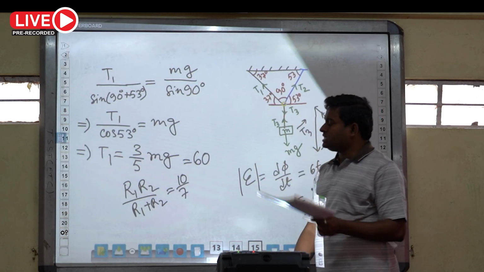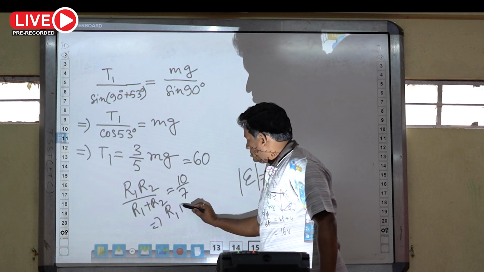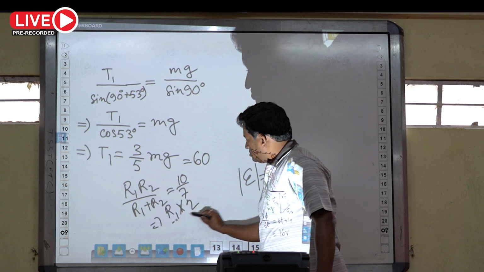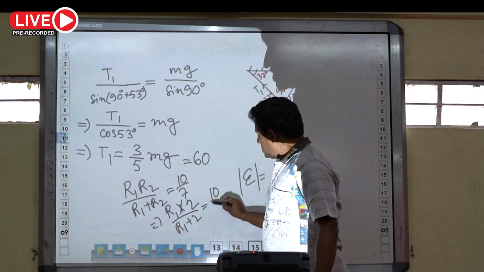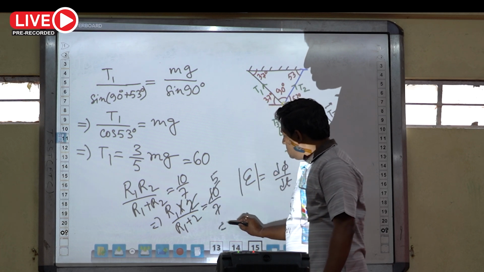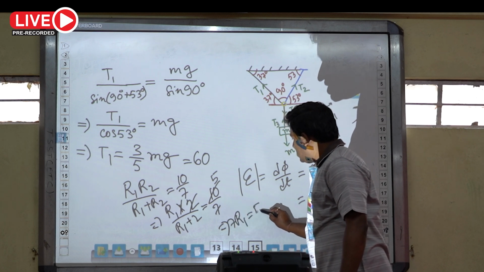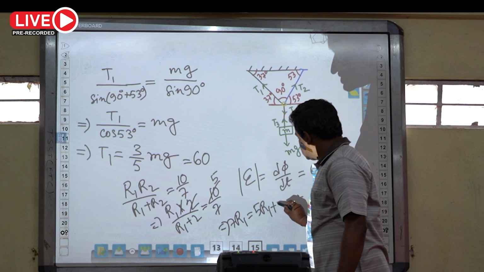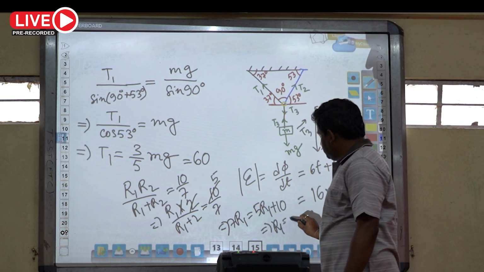If one of the resistors is 2 ohm, say R2 is 2 ohm, then find R1. 7 to 10 cancel 5. So it will be 7 R1 equal to 5 R1 plus 10. So 2 R1 equal to 10, R1 equal to 5.